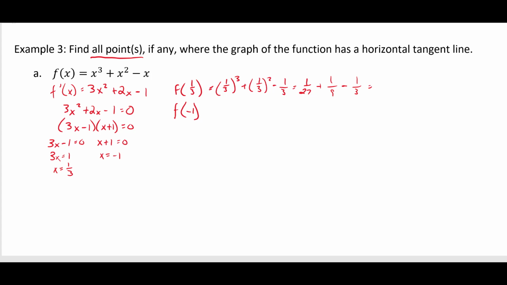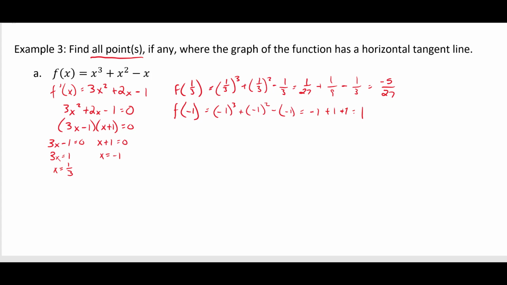Getting a common denominator and simplifying this, that ends up giving you negative 5/27. And then similarly for f of negative 1, that's negative 1 cubed plus negative 1 squared minus negative 1. So that gives you negative 1 plus another 1, and then you end up with a positive 1 for that.